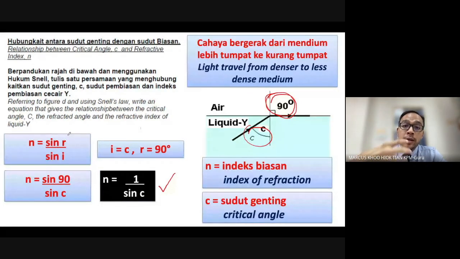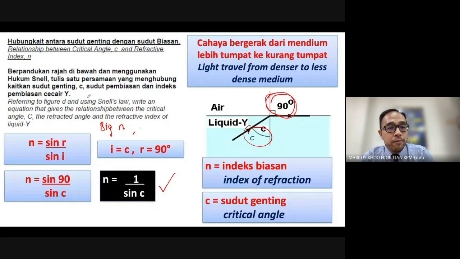So if you want a big refractive index, your critical angle has to be very small. If you have a big refractive index, a big N, means you have a small C. If you have a small critical angle, the implication of this is that total internal reflection easily occurs.